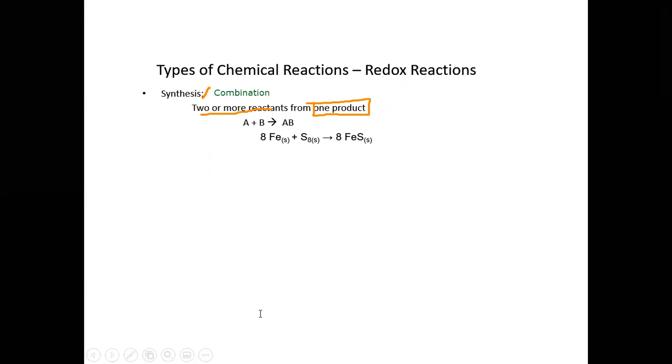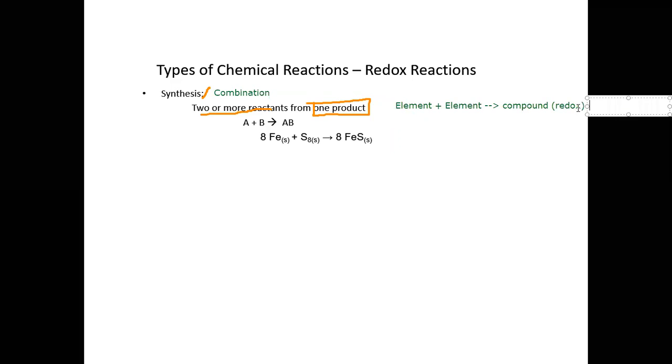Some examples: we can have multiple elements give us a compound. Since we have elements on one side and a compound on the other, this is redox in addition to being synthesis. Now, these are just some general tips.